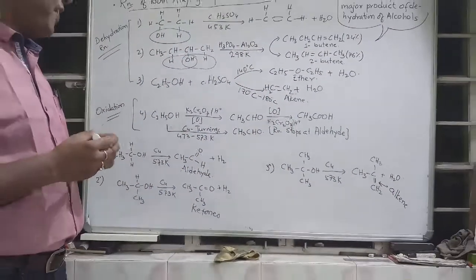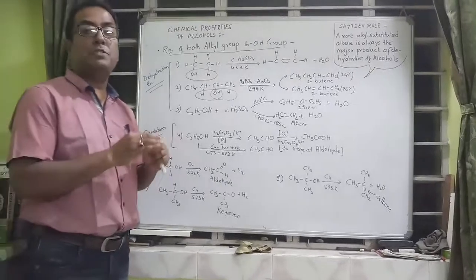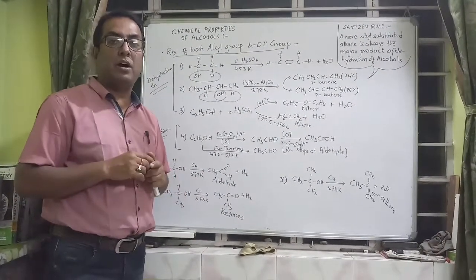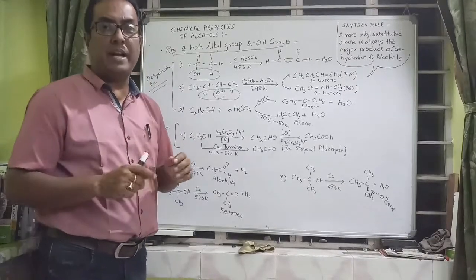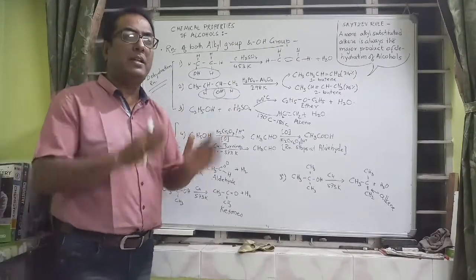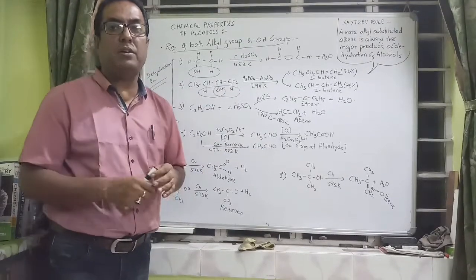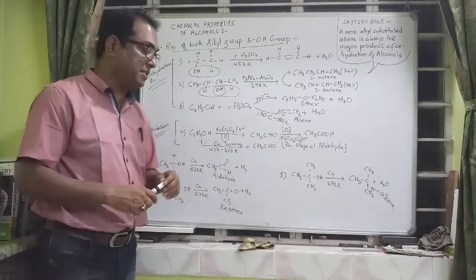An interesting fact is that this is a very important reaction because it helps us to distinguish between primary, secondary and tertiary alcohol. So if questions come up in your examinations regarding how you are going to separate primary, secondary or tertiary, or 1 degree, 2 degree and 3 degree alcohol, this is a better opportunity to use this type of reaction.